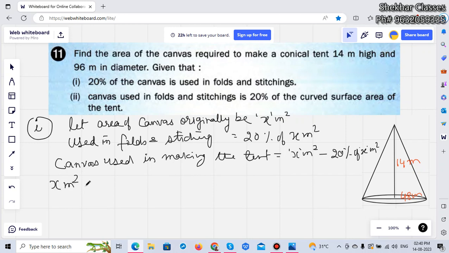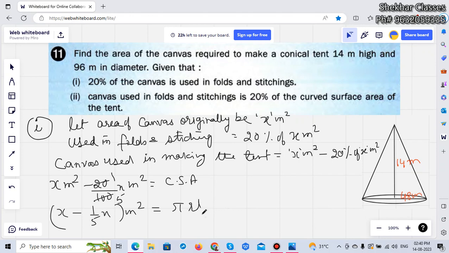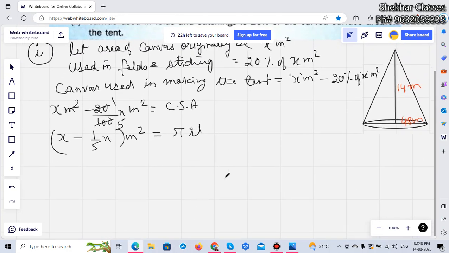X meter square minus 20% of X meter square is the curved surface area. We can let meter square not be there and take x common. So x minus 1 upon 5 x. What is the curved surface area? Is that okay? If I solve this, how much is that?